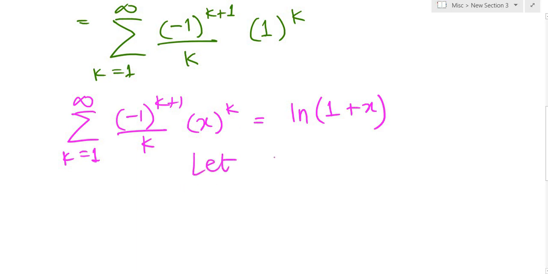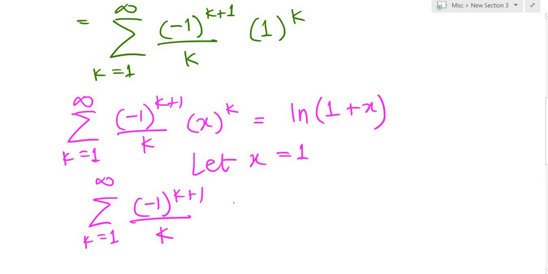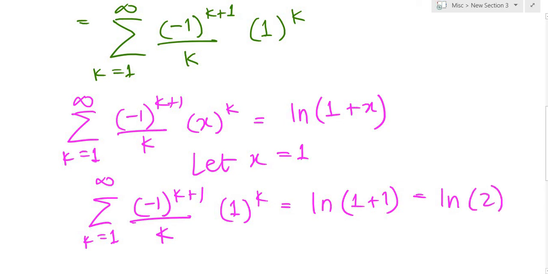So let x equal 1. So we'll definitely have the sum from k equals 1 to infinity of negative 1 to the k plus 1 over k, with a 1 instead of x, so 1 plus 1, which results in the natural log of 2.